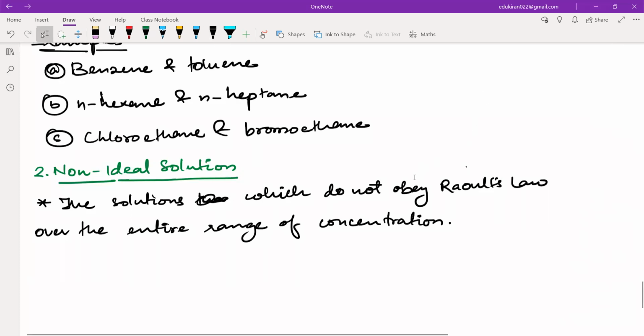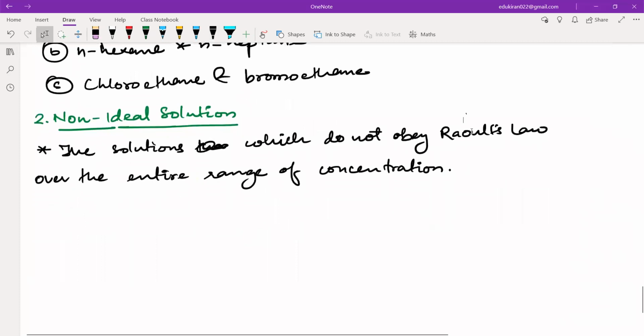Non-ideal solution. Okay. Solution which does not obey Raoult's law over the entire range of concentration.